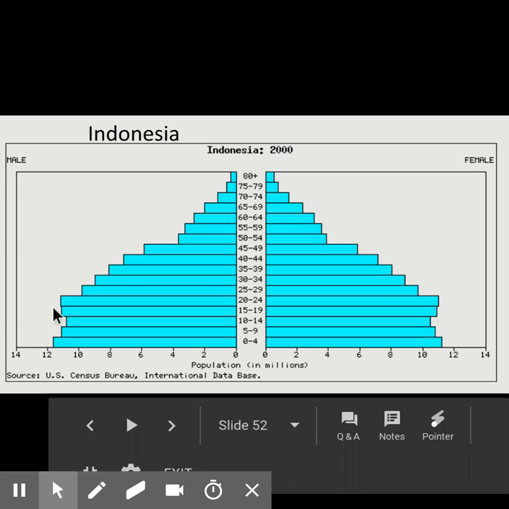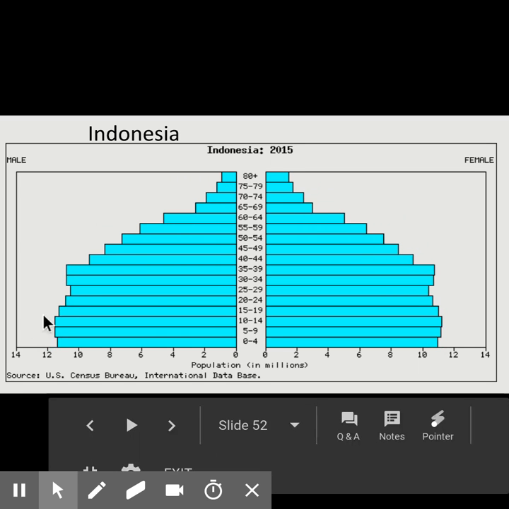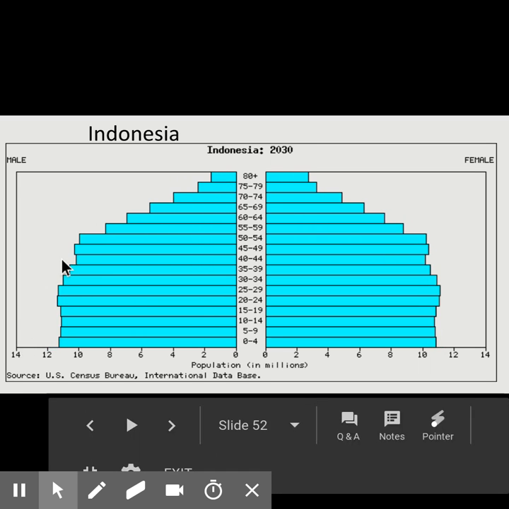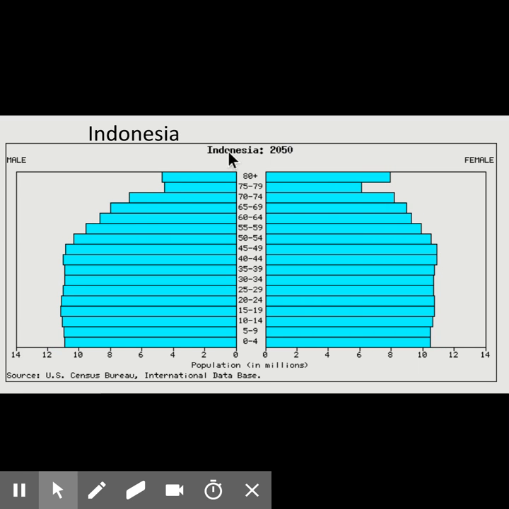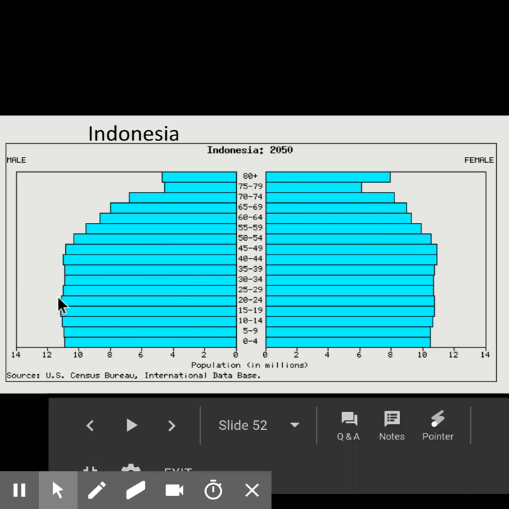So even though these people aren't going out to the left or growing like a pyramid, the full color of this graph is starting to get bigger. So there's a higher total population, even though the growth rate of the population is leveling out. And that is the last thing I promise on this video.